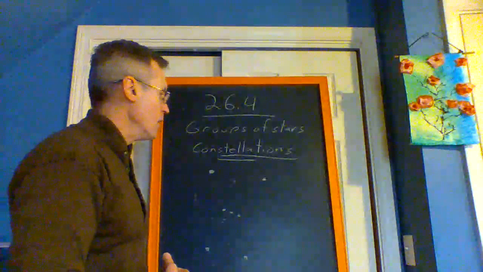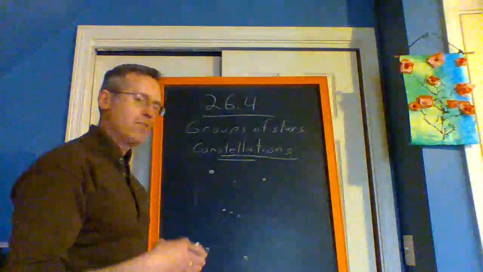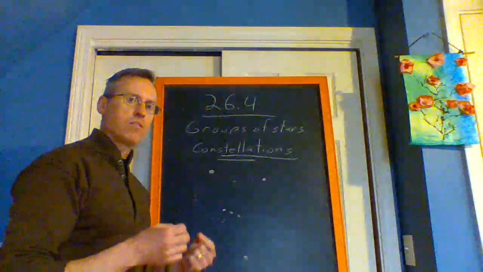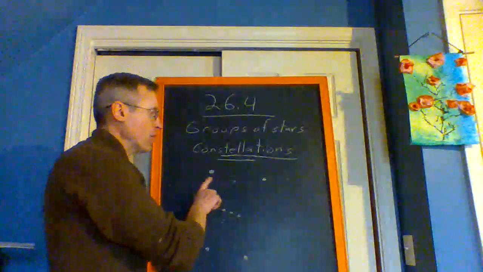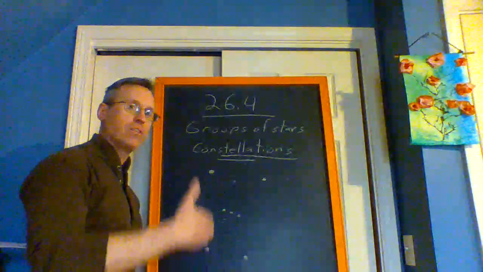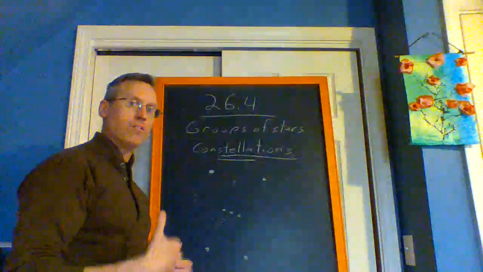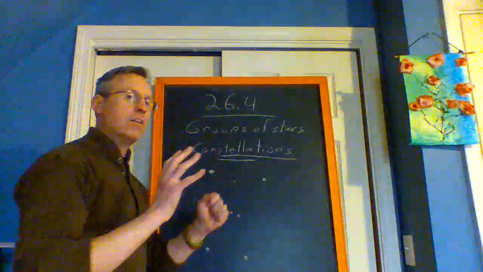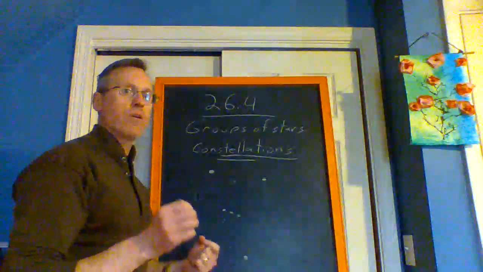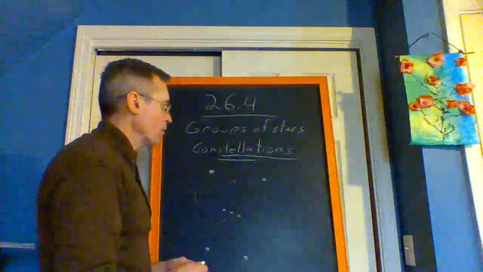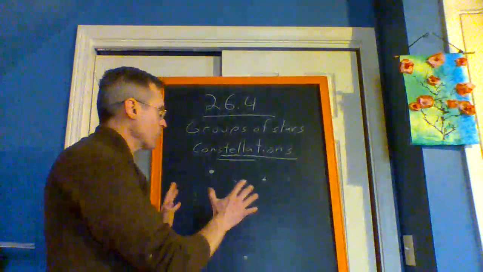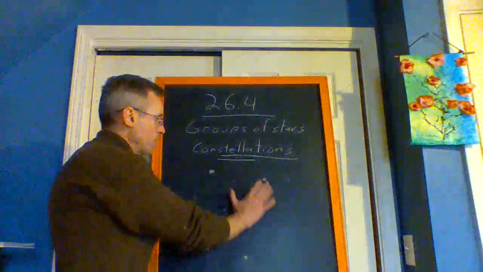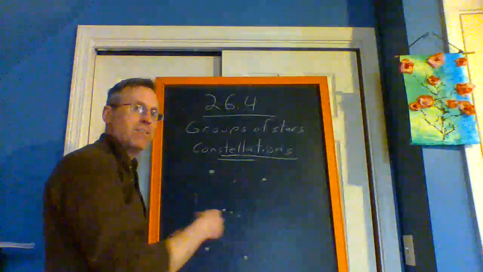Now, this is a group of stars, but it's not a true group of stars, because really these stars don't have anything to do with each other. Oftentimes the stars in a constellation, even though they look to us like they're kind of together, are usually really far apart from each other. When we look at Orion in the sky, it looks almost like a flat picture. That's an illusion.